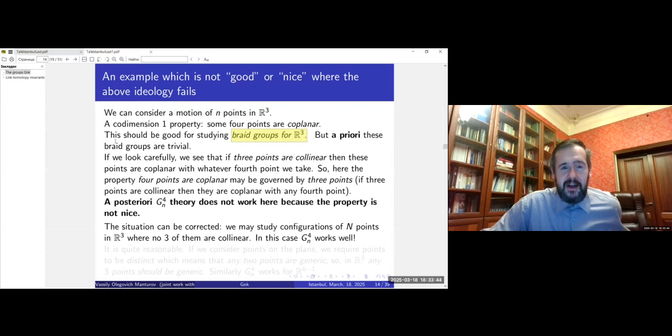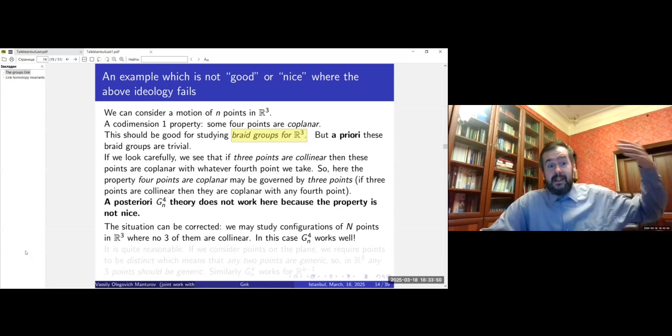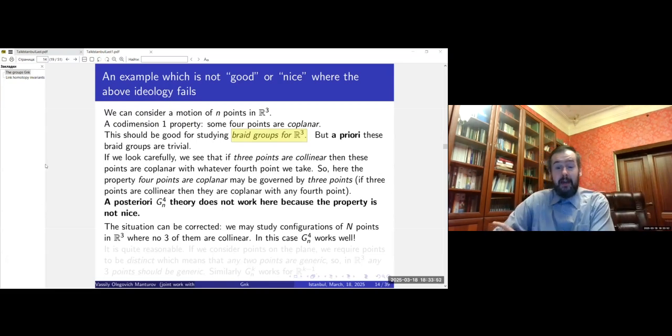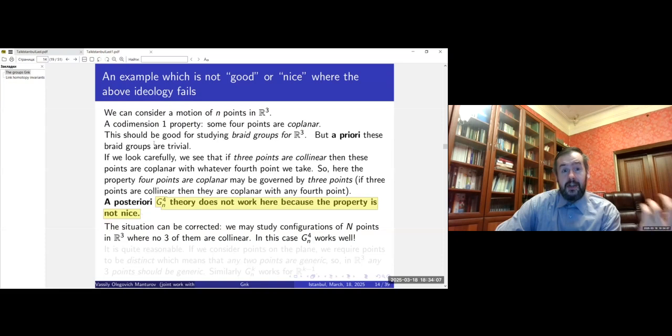Every knot in R4 can be unknotted. And if we look at some one-dimensional picture dynamically, this will give us a picture in 4 space. And there are no braids. So a priori, there will be no interest in theory. And a posteriori, this property is not nice.